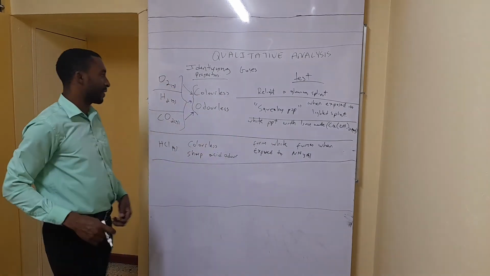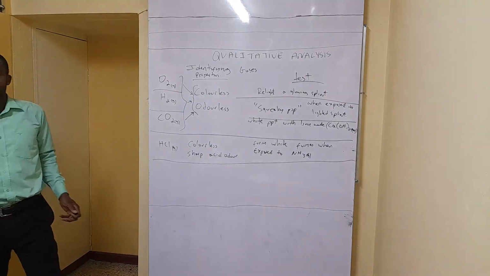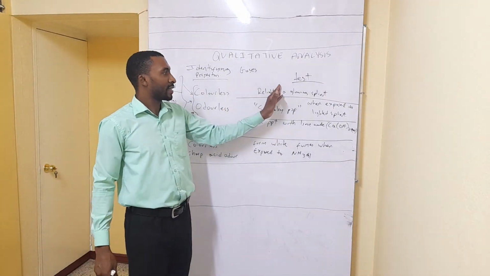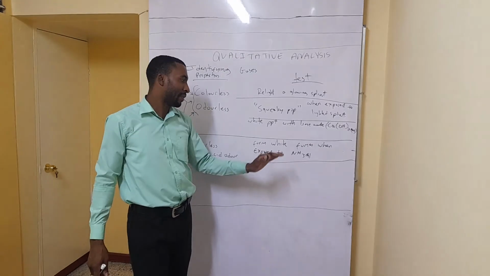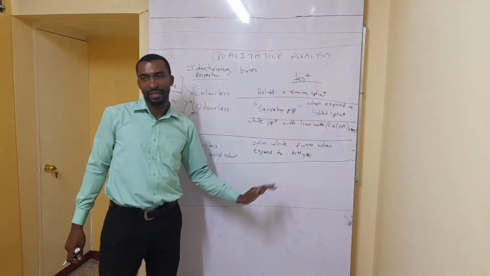Take these from the board and then I'll write the equations which support relighting the glowing splint, the squeaky pop, the white precipitate with lime water, and the white fumes that are formed.